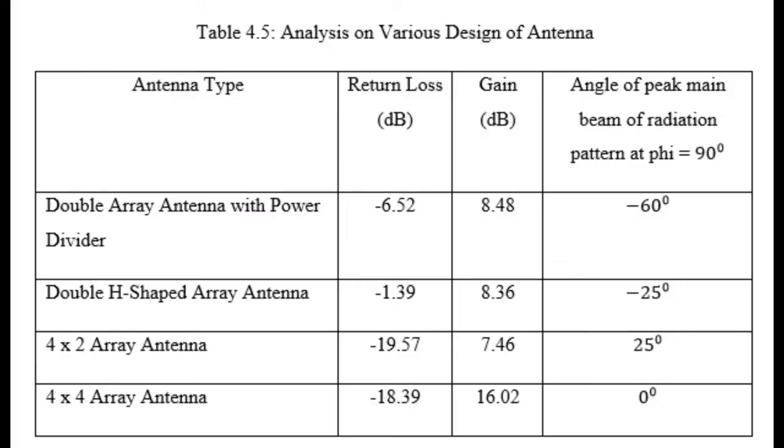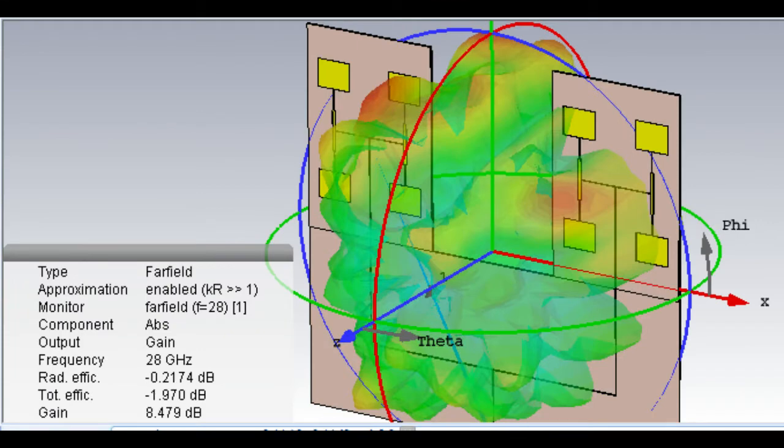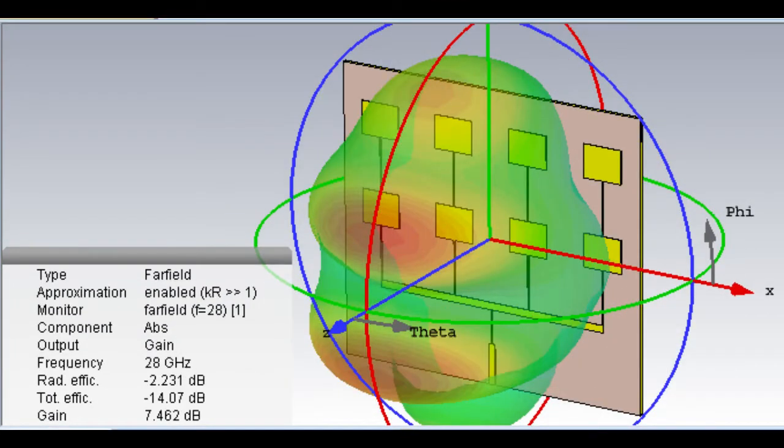As designing a high-gain antenna is the main aim of this research, this analysis focused on identifying an antenna capable of producing a high gain. From the table shown, the 4x4 array antenna possesses the highest isotropic gain, which is 16.02 dB, far greater compared to the other antennas, which are 8.48 dB, 8.36 dB, and 7.46 dB.